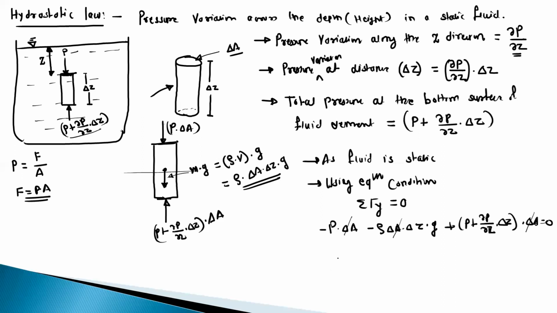Here you can take the negative terms to the right hand side. So the equation is P plus del P by del Z into delta Z equal to P, plus rho into delta Z into G. Now we can cancel out the P value.